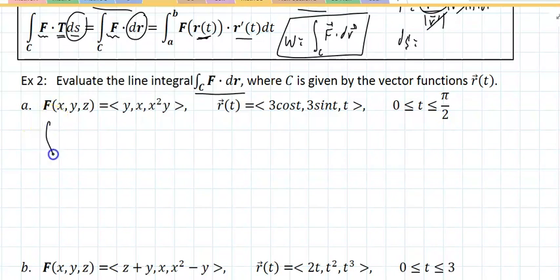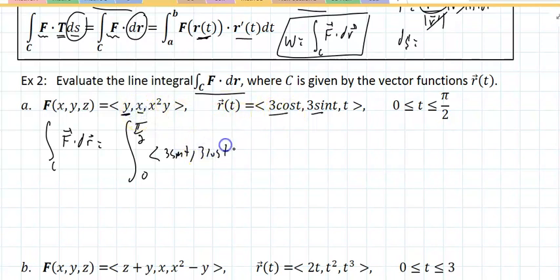Well, the integral along C of F dot dr is going to be the integral. Here they gave us the equation. I don't have to come up with it. 0 to pi over 2. And now we know how this works. What is F? Well, y, that's 3 the sine of t. x, that's 3 the cosine of t.